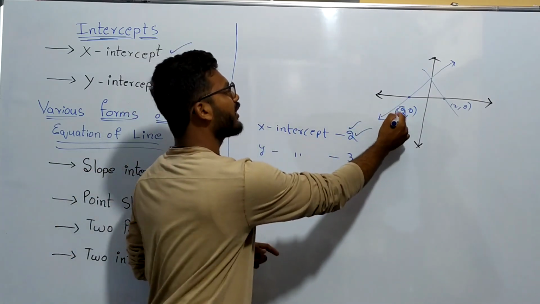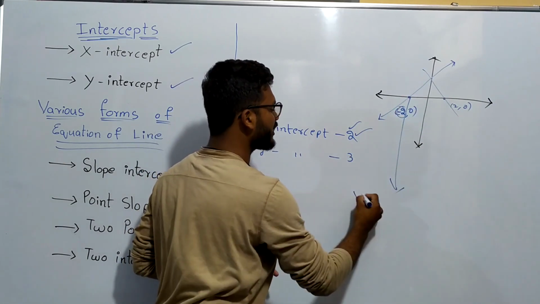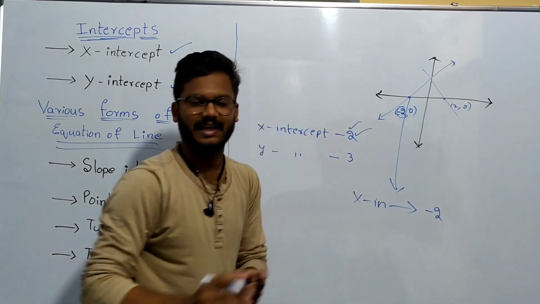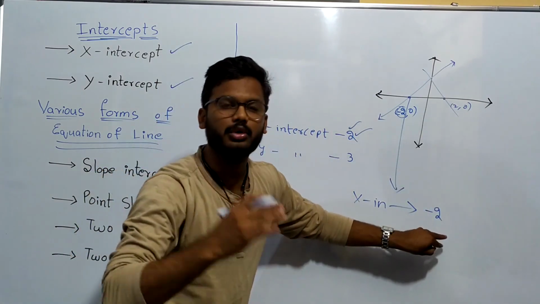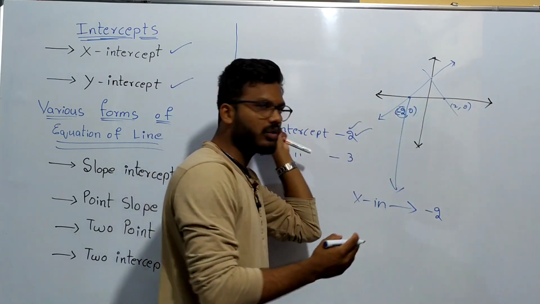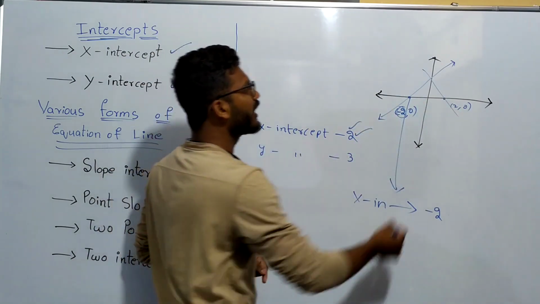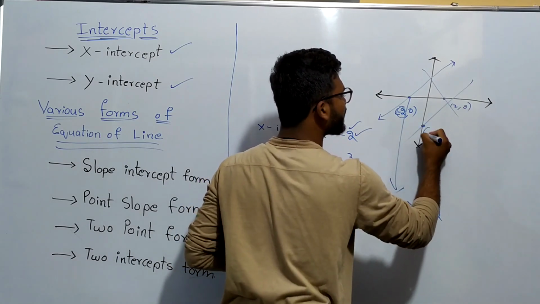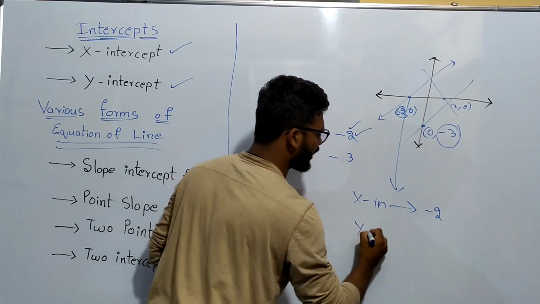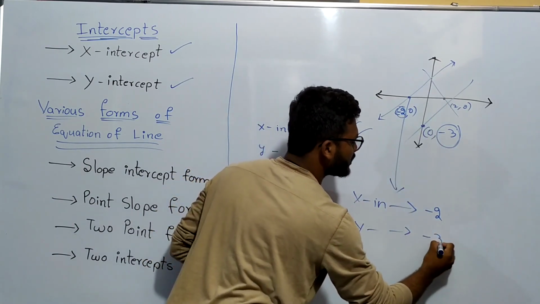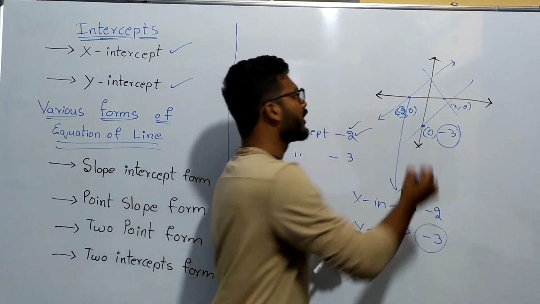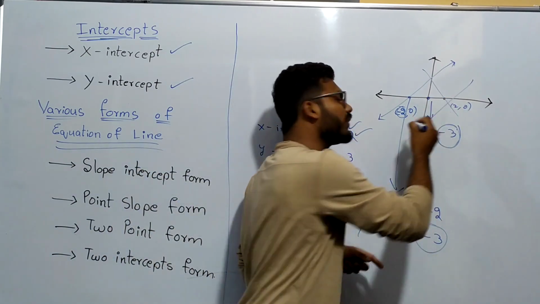And here in this line, the x-intercept is -2. This indicates it is 2 units distance from the origin in the negative direction of the x-axis. In the same way, if the line meets the y-axis at (0, -3), then also this is the y-intercept. The y-intercept of this line is -3, as it means it is at a distance of 3 units from the origin in the negative direction.